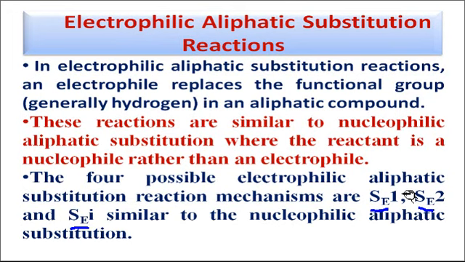These are similar to the SN1, SN2 and SNi reactions. Here the fourth type is the SE2. Actually, the SE2 reaction is of two types, SE2 front and SE2 back. That is why there are four possible mechanisms. These are very similar to the SN reactions like SN1, SN2 and SNi reactions.